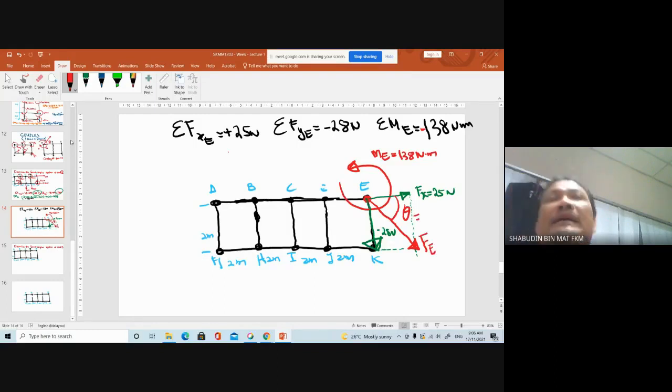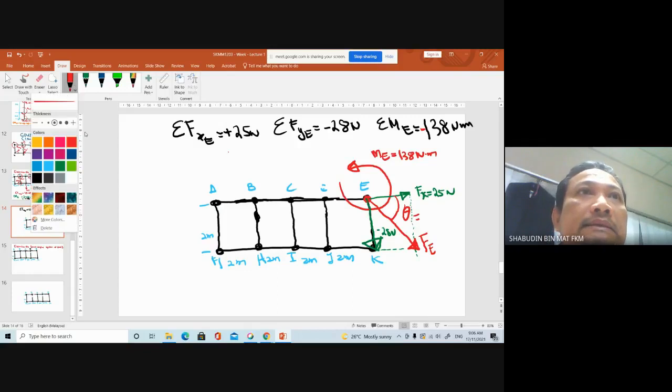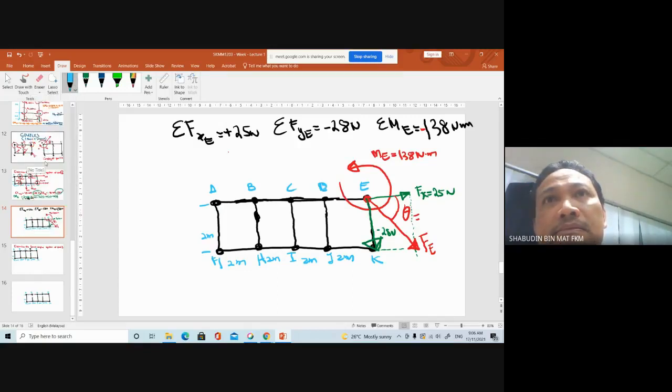We call it a couple at point E. You have a single force and a single moment that acts at point E. Give me that theta, give me that resultant.